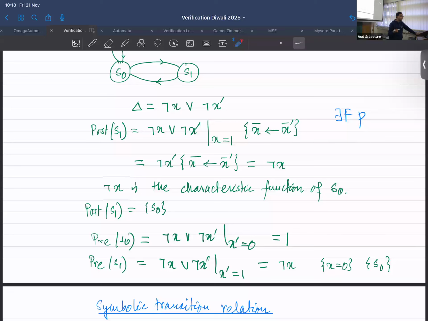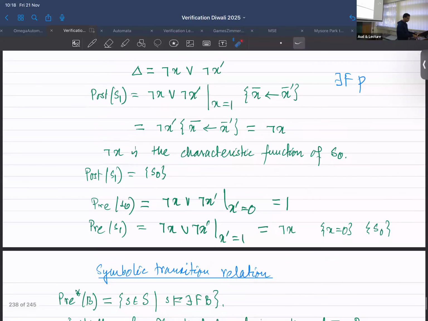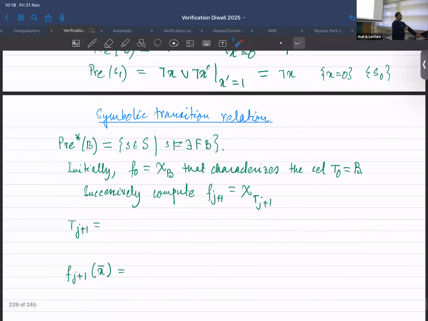We first take the sets that satisfy P and then you keep going, right? This is what you did. Now, in order to do that, essentially you are computing the pre in some sense, right? The pre, right? And for that, we may actually need to do this, right? So essentially, now you get the idea that you have the Boolean function.